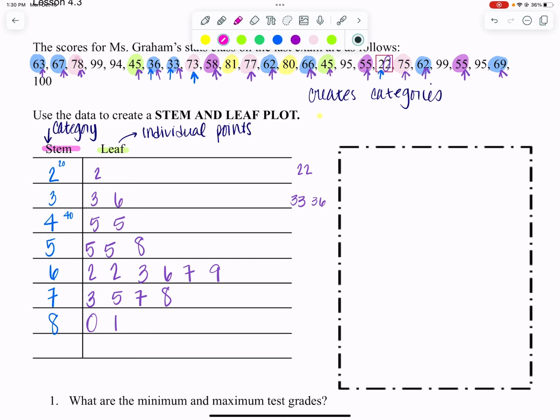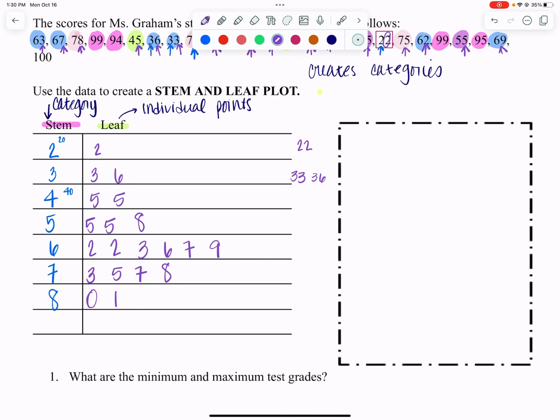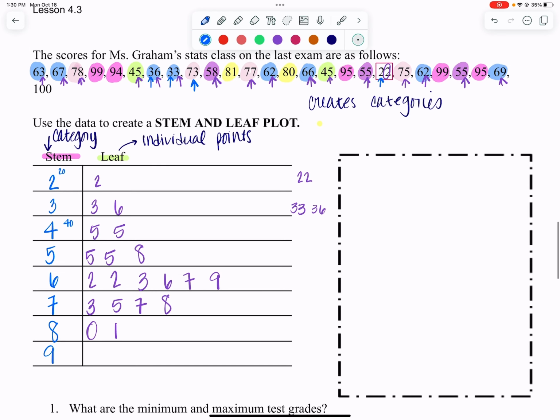Now I have a 99, 94, 95, another 99, and a 95. So I'm going to start with the 9. I didn't have a 90. I have a 94.